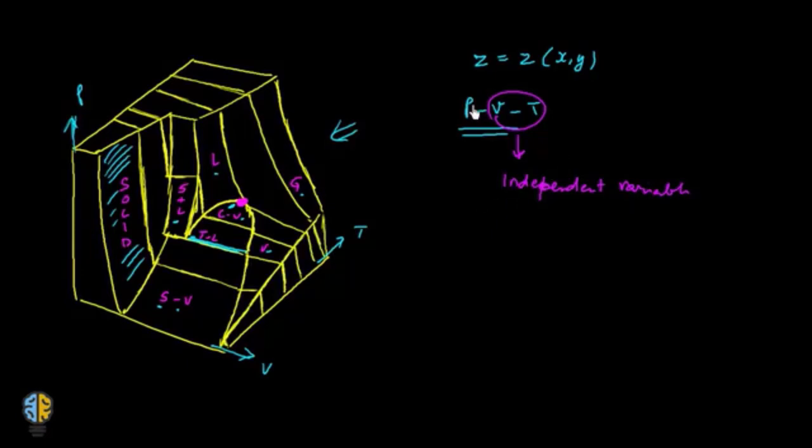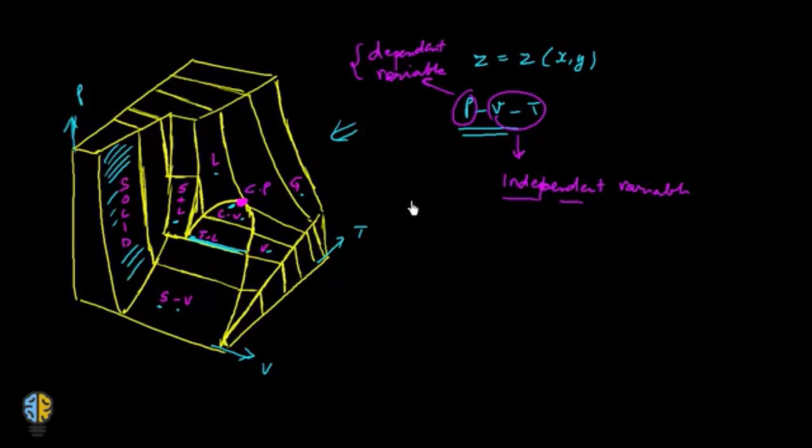And P, that is the pressure, becomes the dependent variable. So these two become the base and this becomes the height. All the points on the surface represent equilibrium states. And this is the critical point, I just forgot to tell you that. So all the points on this surface represent equilibrium states.